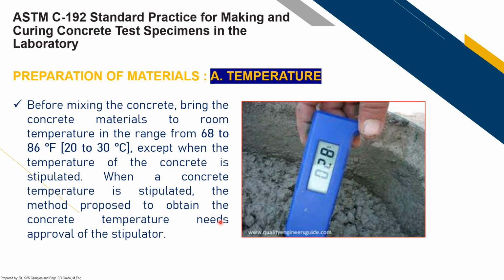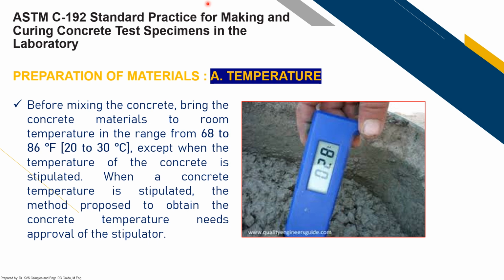Okay? So next we go to preparation of materials. Before we start making the concrete test specimen, the materials that we are going to use in our concrete mixture shall be maintained at a temperature of 68 to 86 degrees Fahrenheit, or 20 to 30 degrees.